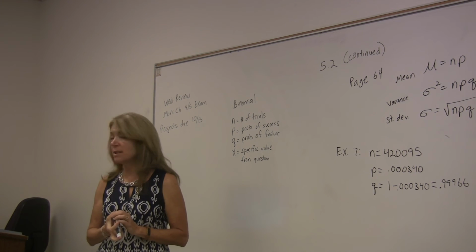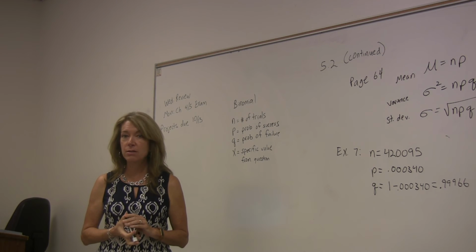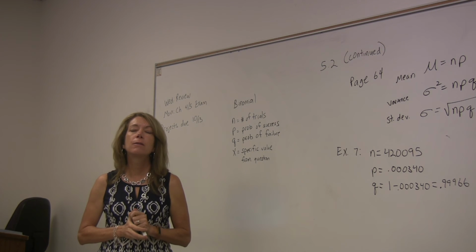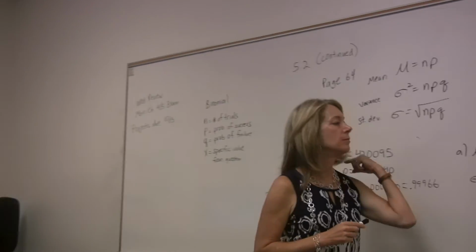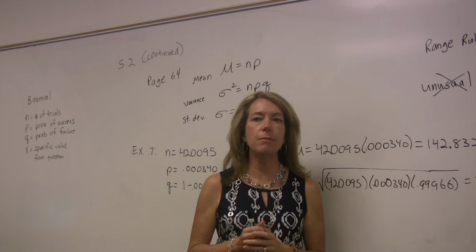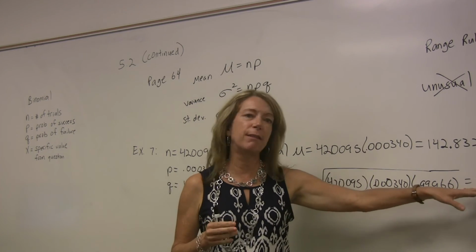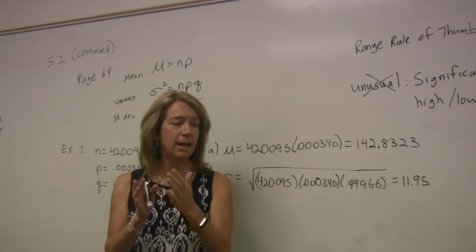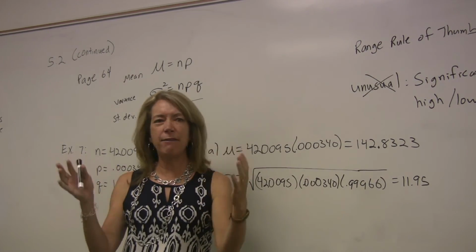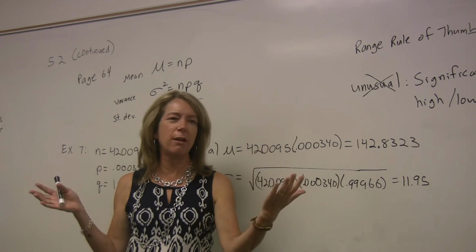Some people are still pushing buttons, I hear them clicking. So, any questions? How would you say the standard deviation is? We can expect from that 143 that there'd be about a difference of, let's call it, roughly 12. If we expect around 143 people to have that type of cancer on average, groups of 420,000 people would be 12 away from that.